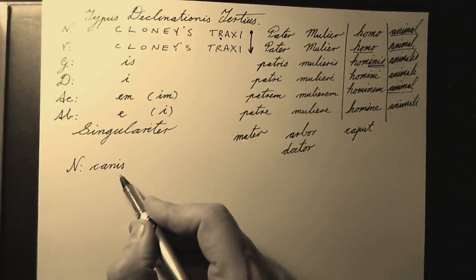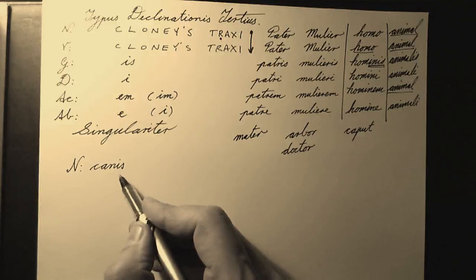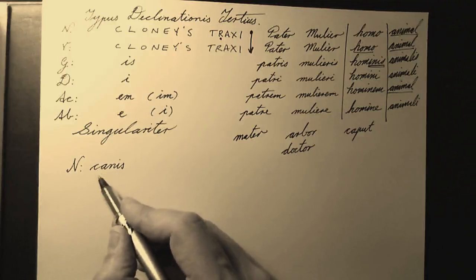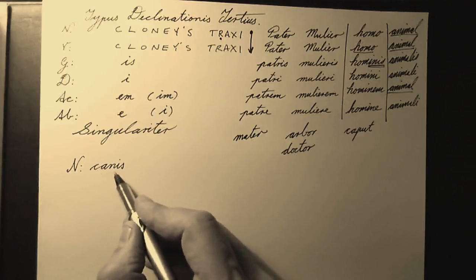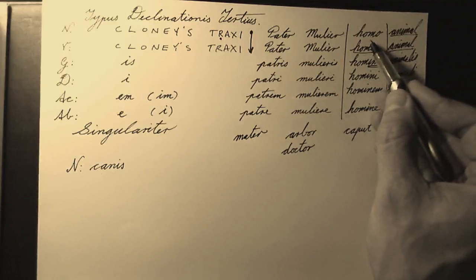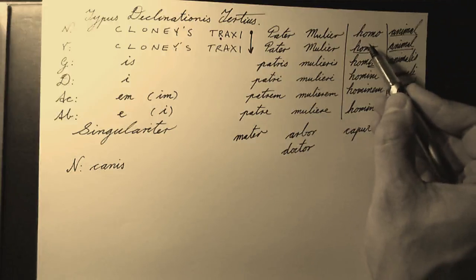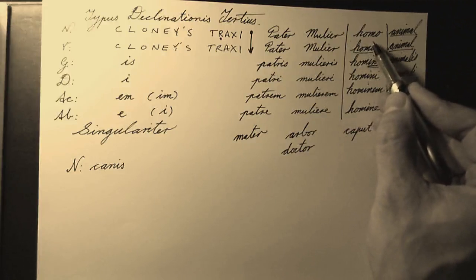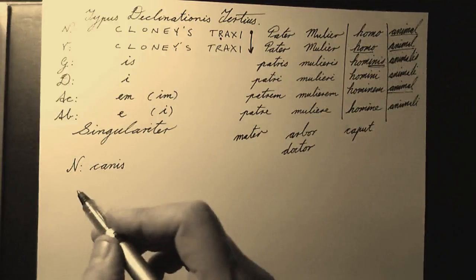It's of common gender, and we can say this using the masculine, or this using the feminine. So we can say hic canis, or we can say haec canis. It applies to both. But here we can only say hic homo. Hic is the masculine for this thing close to me. And we will still say hic homo even when we're referring to a woman. So nominative.